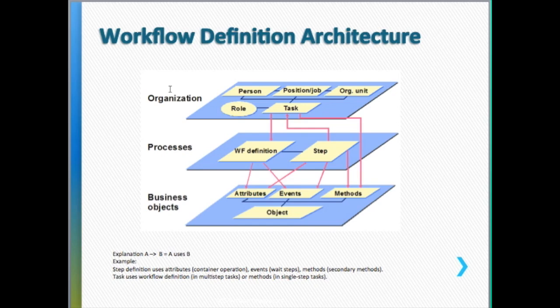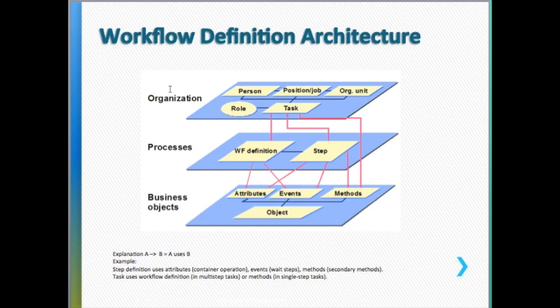Let's look at the workflow definition architecture. In this screen, we are trying to show which one can be used, which method. If you take the process section where you have a workflow definition or step, the workflow definition can be a combination of steps.